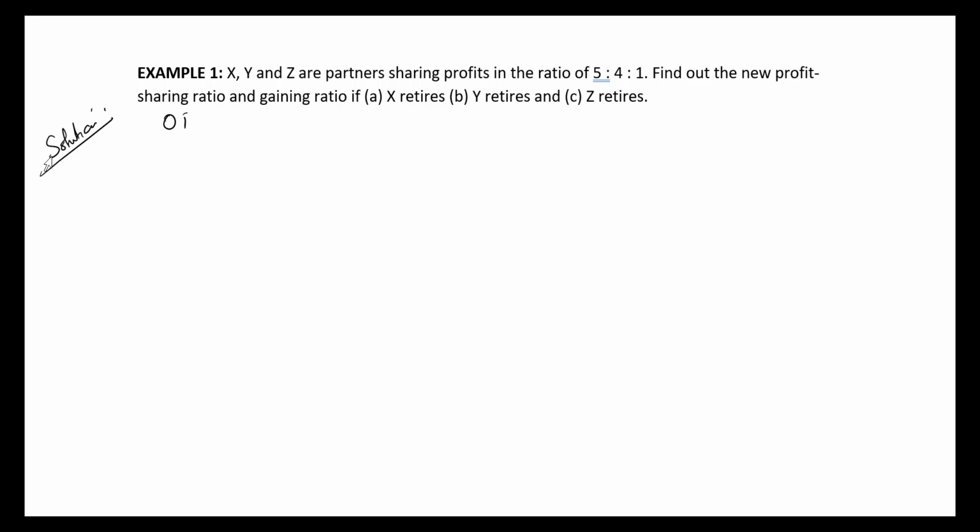We have the old profit sharing ratio between X, Y and Z as 5:4:1. This is given in the problem. There is no mention about the gain or the gaining ratio or even the new profit sharing ratio.